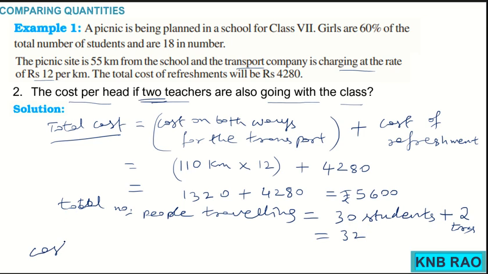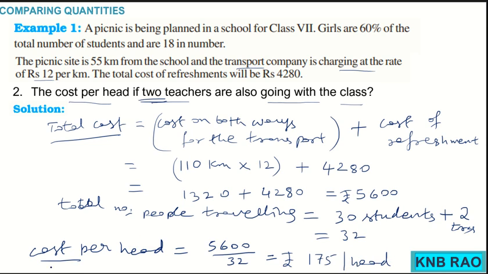So the cost per head will be 5600 divided by 32, which gives rupees 175 per head being the cost. So this is how we solve this second part of the question.